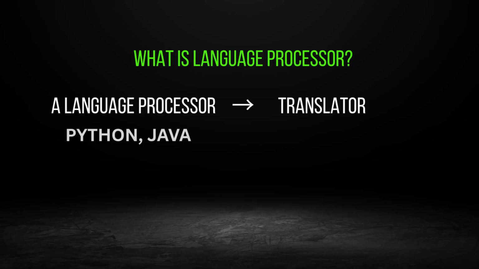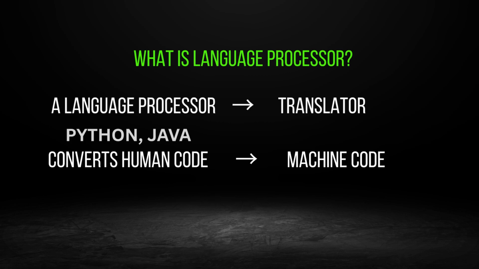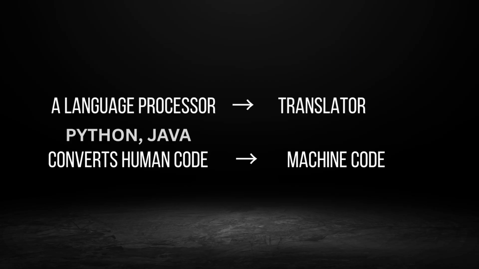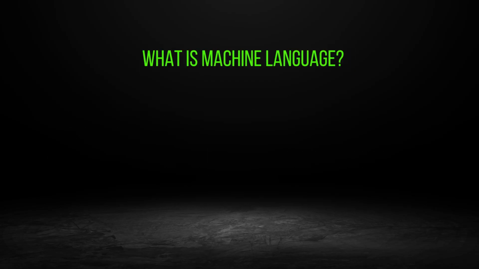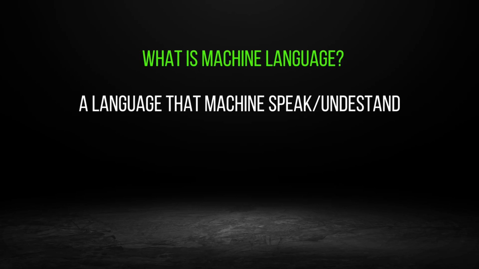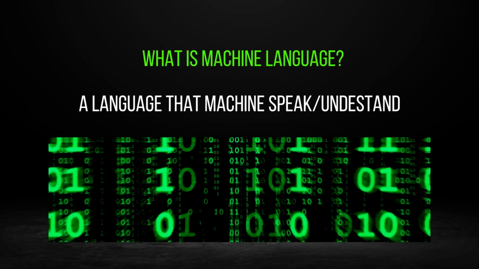Language processors convert our code into machine language. Now, what is machine language? It is the language that machines speak or understand. That is zeros and ones.